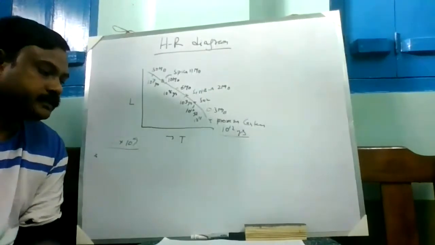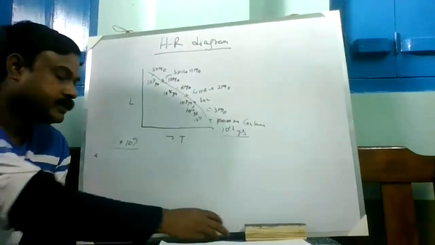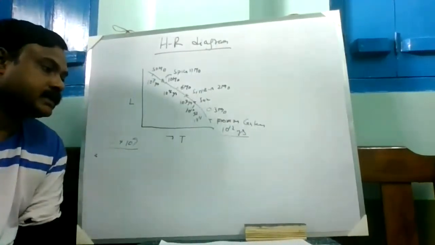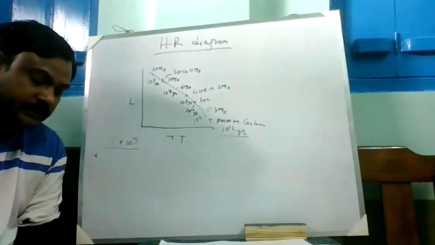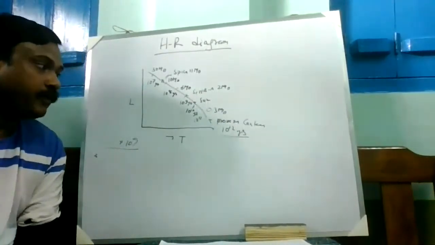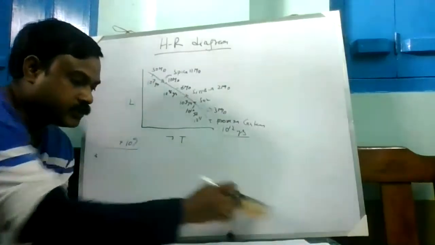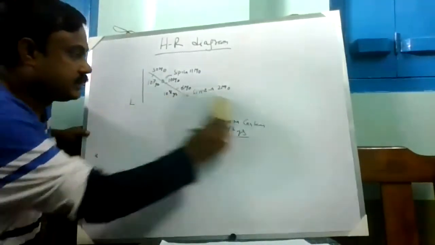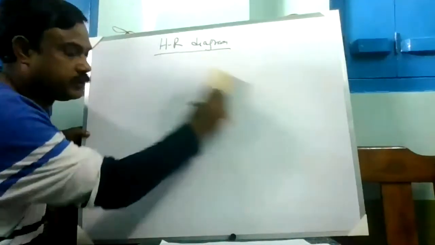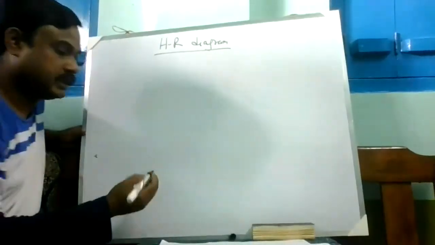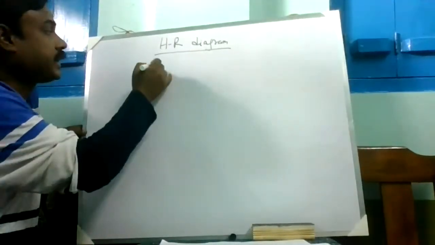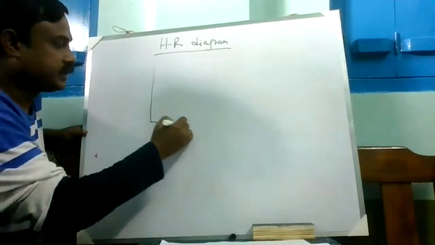In the last, as I have said earlier, the Yerkes spectral classification can be plotted in the HR diagram also. This will be somewhat interesting to you also, so that the spectral classification can be understood in the HR diagram.